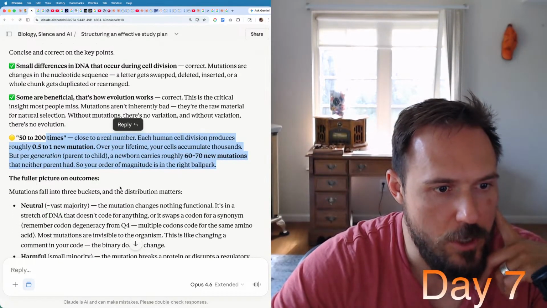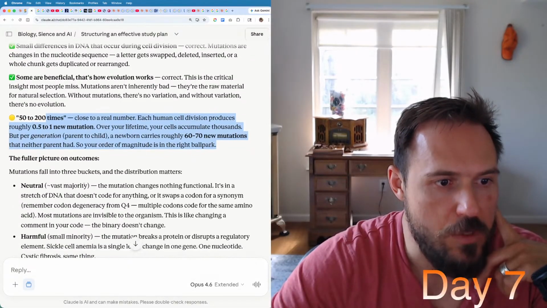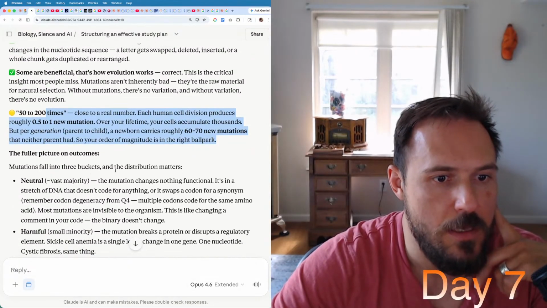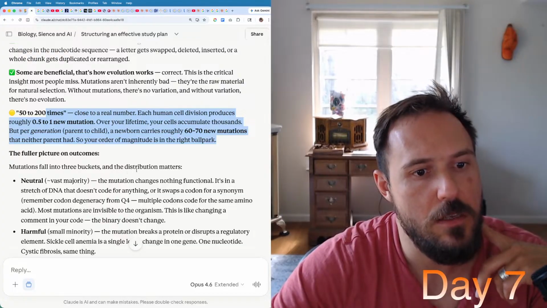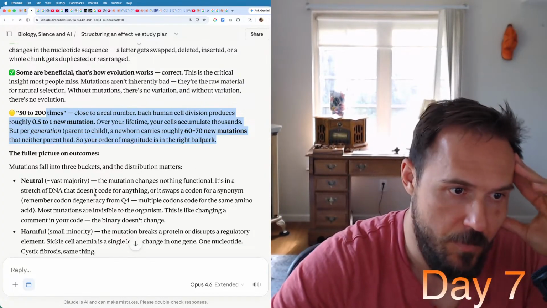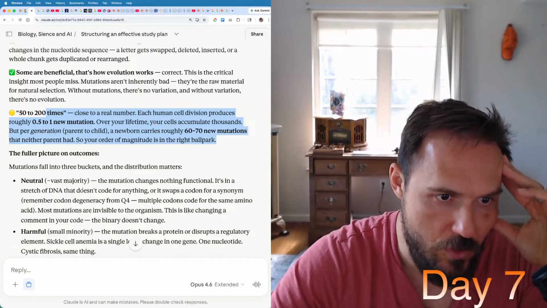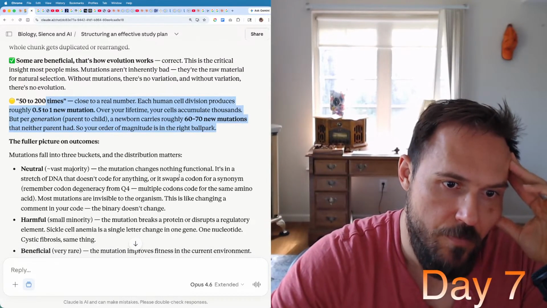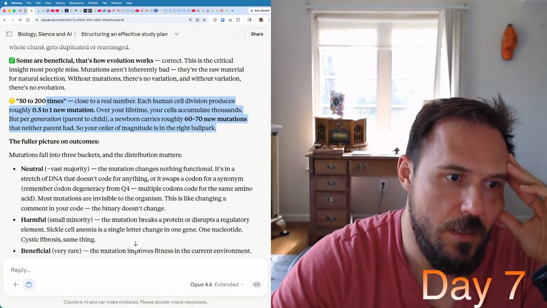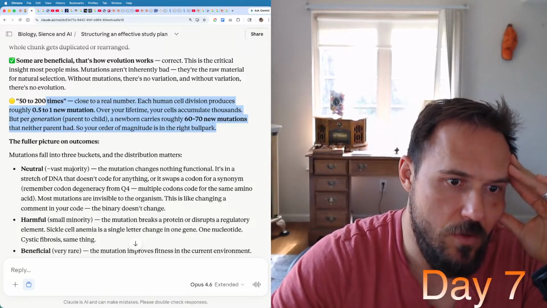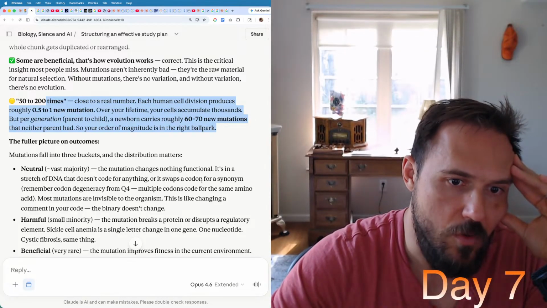The fuller picture on outcomes. Mutations fall into three buckets, and the distribution matters. Neutral, the vast majority. Nothing functional: it's in a stretch of DNA that doesn't code for anything, or it swaps a codon for a synonym.